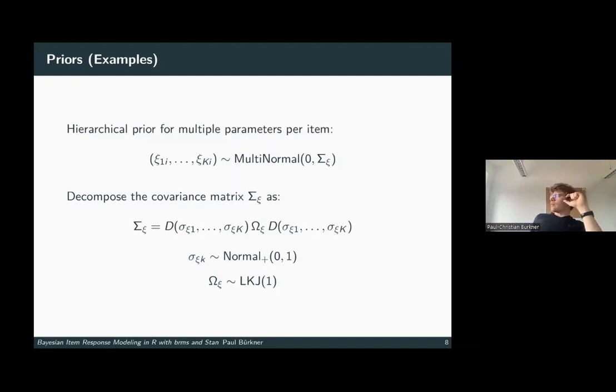So what we need to be careful with is if we are applying hierarchical priors, if we have just very few items, such that, for example, we had just 2 or 3 items, then having a hierarchical prior would be a little bit difficult because then that standard deviation parameter would just be estimated based on 2 or 3 items.